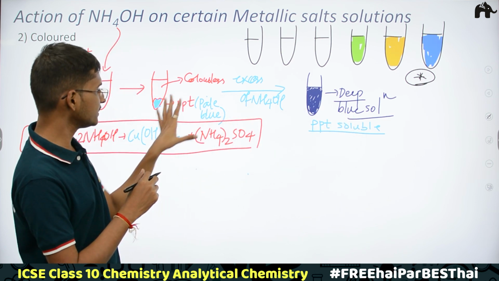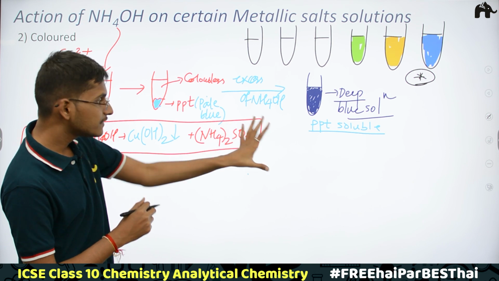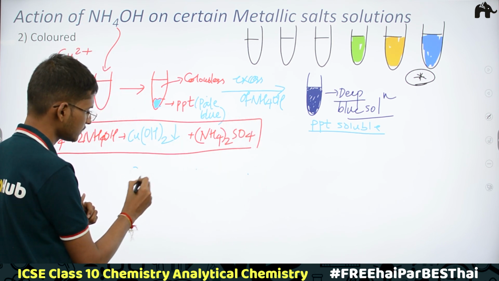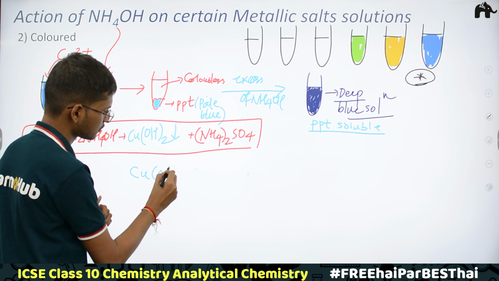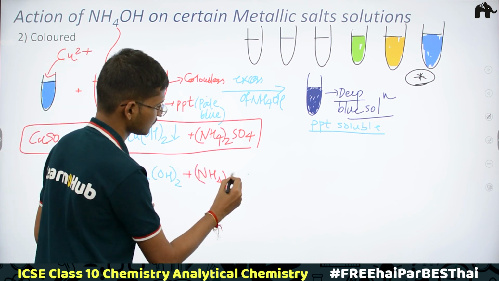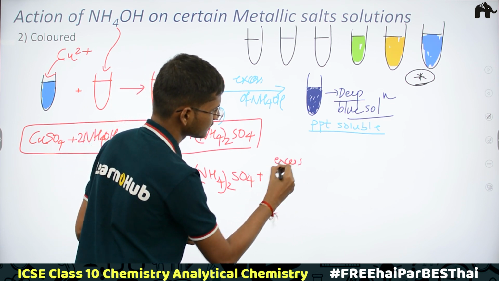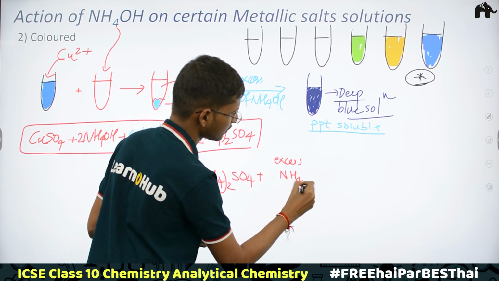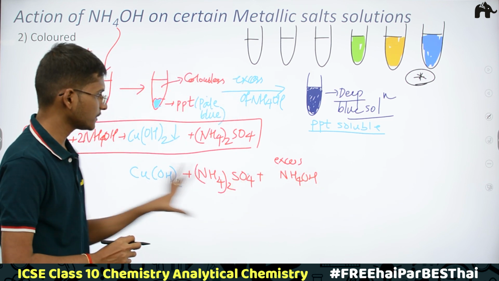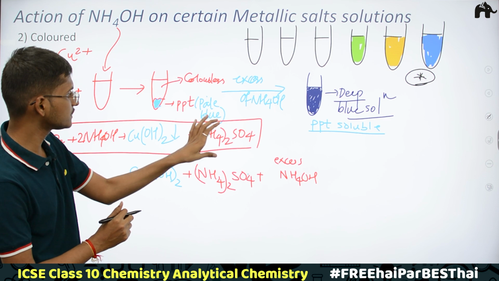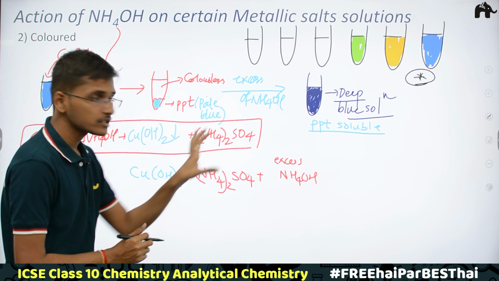But along with this precipitate, the ammonium sulfate is also reacting. So I would write the reaction here: copper hydroxide precipitate plus ammonium sulfate and excess of ammonium hydroxide. This excess of ammonium hydroxide is reacting with both of them, not just the precipitate but this salt as well. And what is happening?